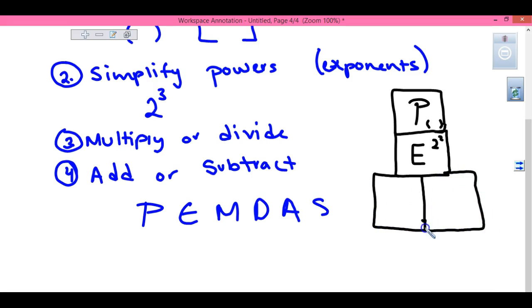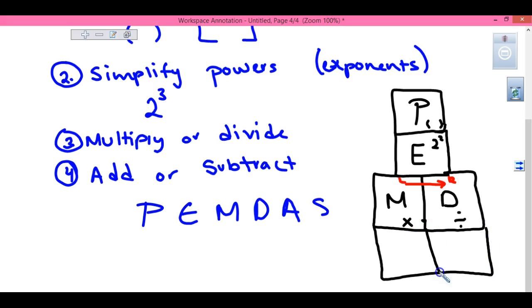Why are multiplication and division set side by side? Whatever comes first from left to right. Left to right. And then addition and subtraction. Why are they set side by side?